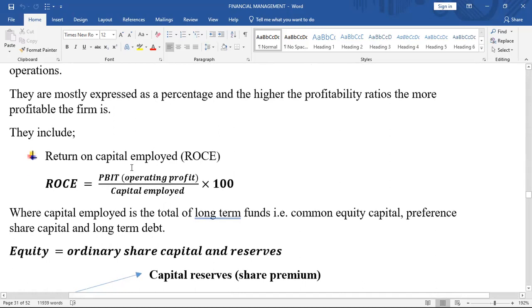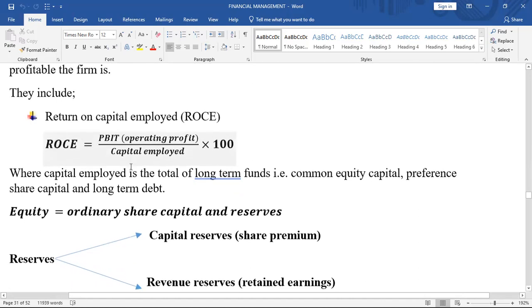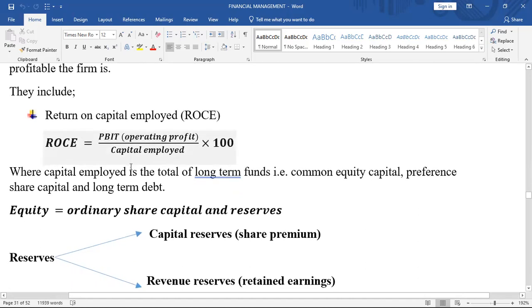For the return on capital employed, we take the profit before interest and taxes, that is the operating profit, and divide by the capital employed. The capital employed is the total of the long-term funds of the firm: common equity capital, preferred share capital, and then the long-term debt.